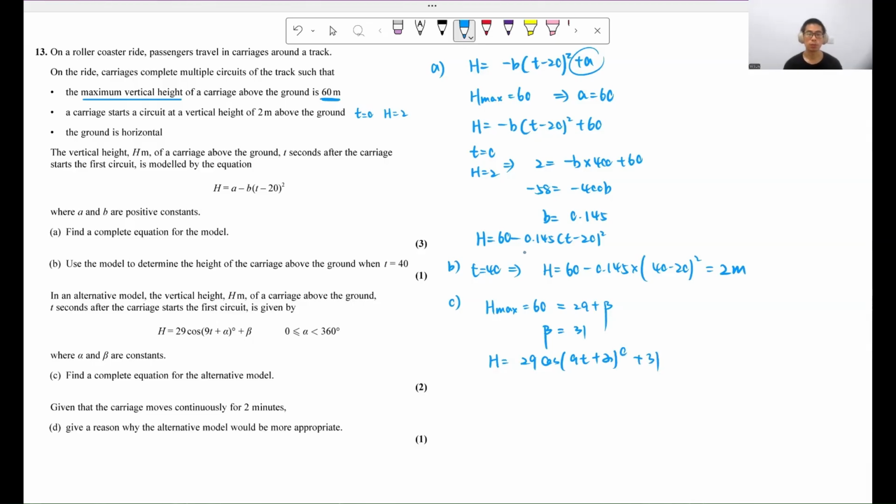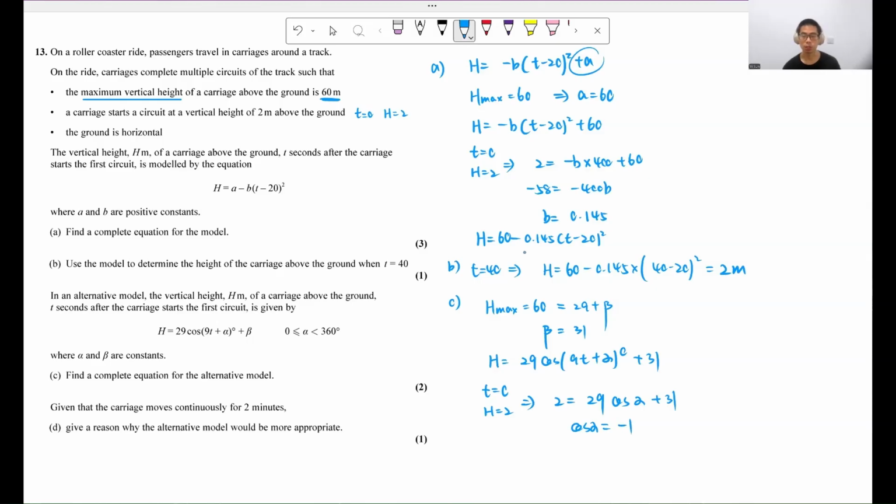Then we substitute the condition when t equals 0, h equals 2. So 2 is equal to 29 cos, anything times 0 is 0, so just cos alpha, plus 31. That means cos alpha is equal to 2 minus 31, which is negative 29, divided by 29, which is negative 1.